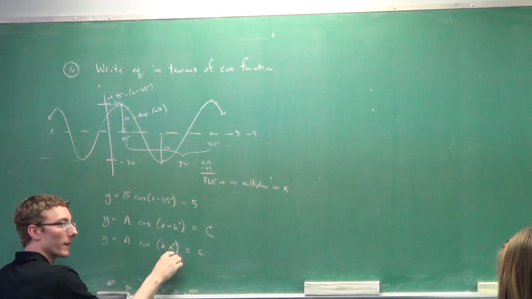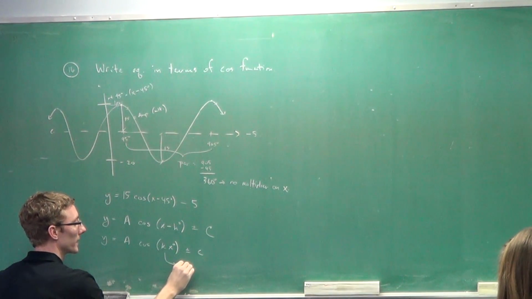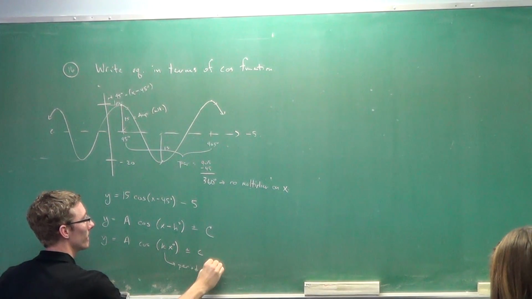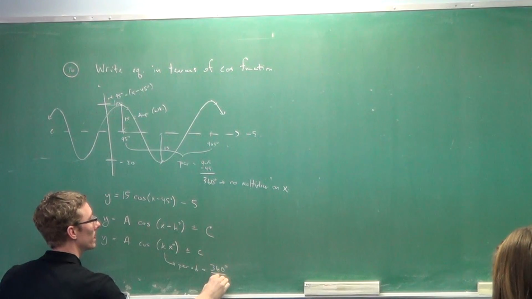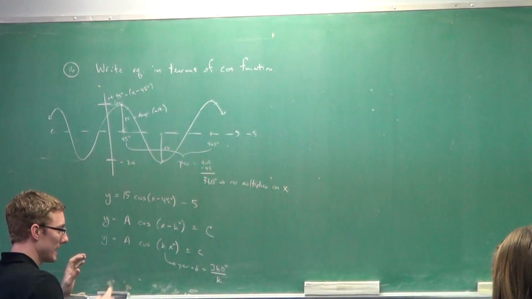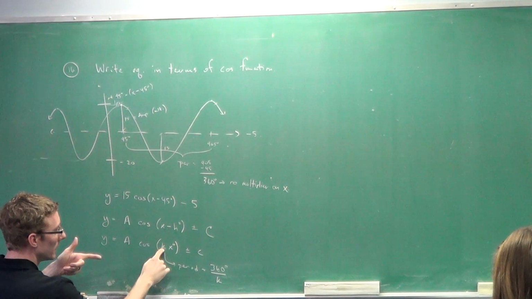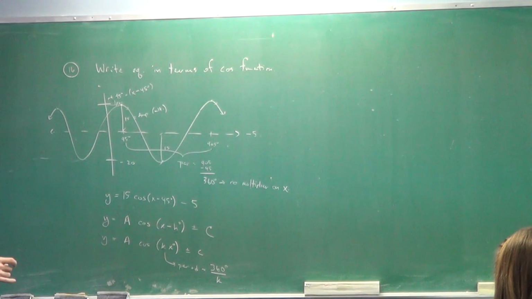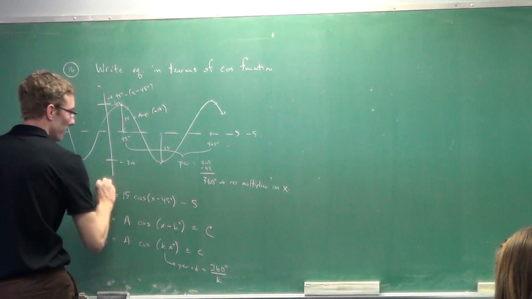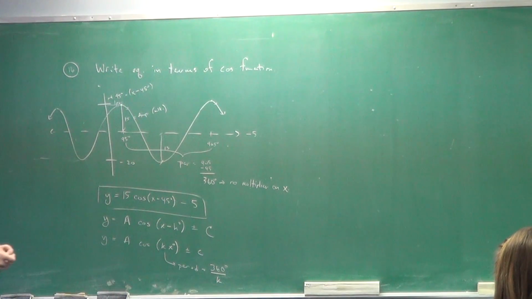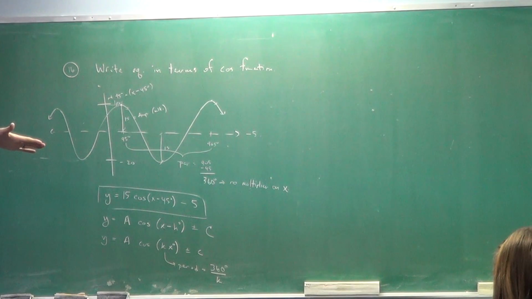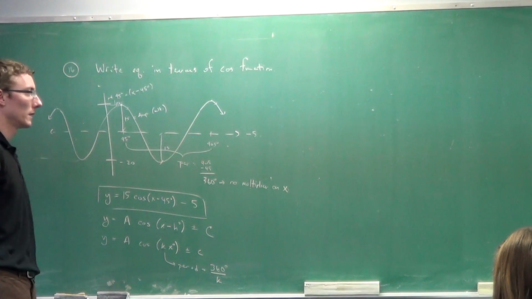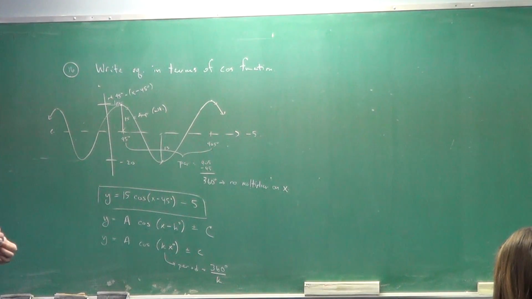When you have a multiplier on your x, this is what affects the period. Each time the k goes up, it's going to get you around the unit circle quicker. But for this particular problem, here's our answer right there. 15 is the stretch of the amplitude, 5 is the shift down, 45 is the shift right. No shift in period. The period's still 360.